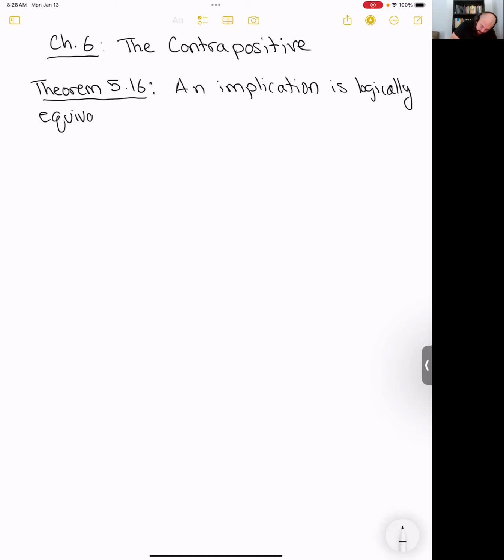So we'll start with a theorem which says, and we'll say it in words first, an implication is logically equivalent to its contrapositive.